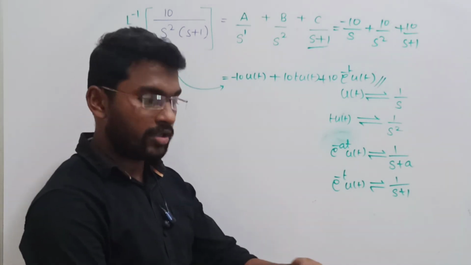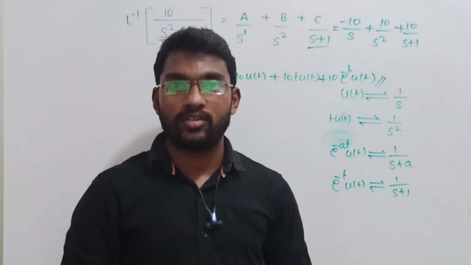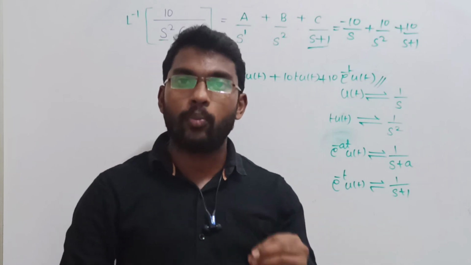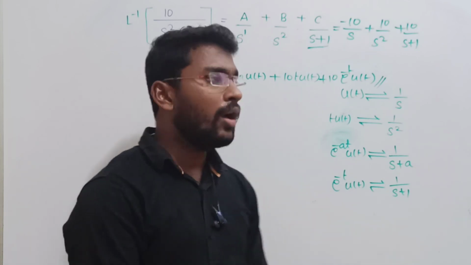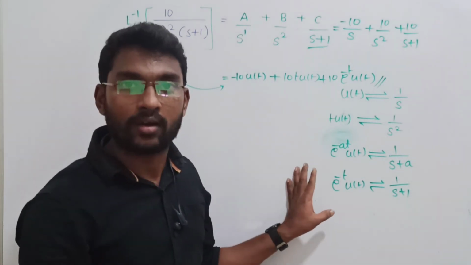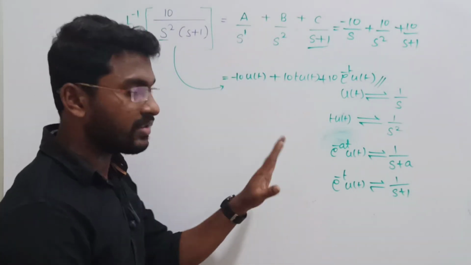I am giving introduction for Laplace, because my entire control system is going to be analyzed with the help of Laplace transformation only. We are not going to analyze the Laplace here, we are going to analyze our control system with the help of Laplace, right? So this much is sufficient here.